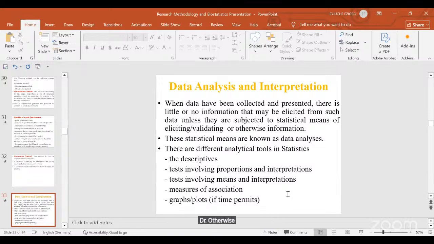When you have gone to the field or to the lab and you collect your data, as you look at the data, there may be nothing that you can report about the data. Is it true? You can only make a valid report when you have subjected the data to what? To analysis. I hope it's clear.